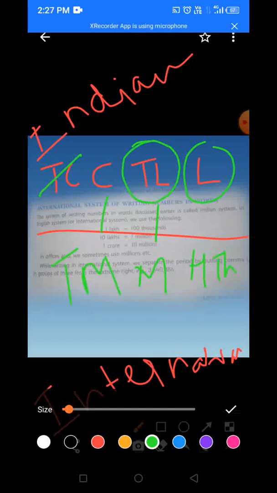Okay, now look here very carefully. Just erase this and we will now learn again. Now see, here I am putting one line. Up is the Indian standard and here is the international standard. Now children, look here very carefully. The ones is the same in both. The tens is also the same.